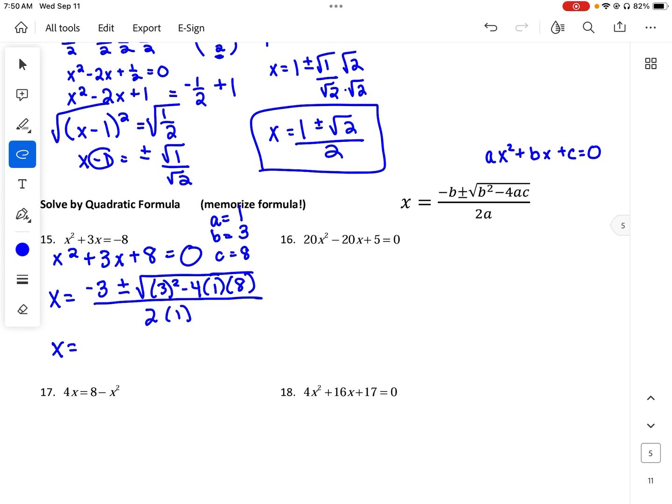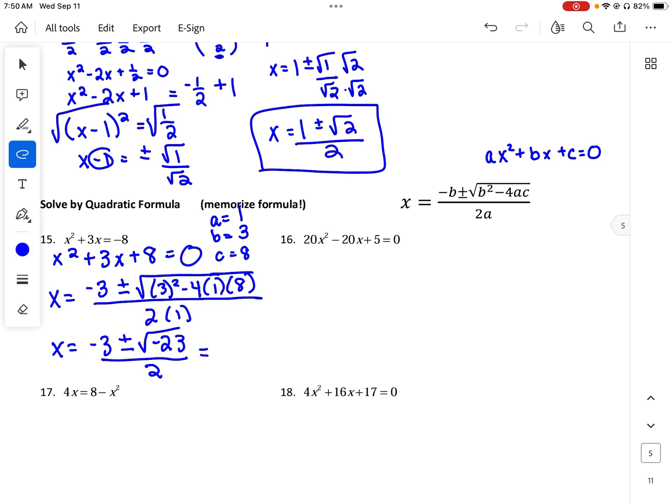So x equals -3 plus or minus. All right, so we can do this, 9 minus 32, which is -23, over 2. And I got the negative 23 by doing 3 squared minus 4 times 1 times 8.